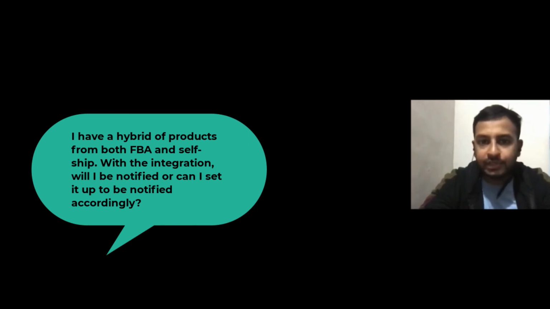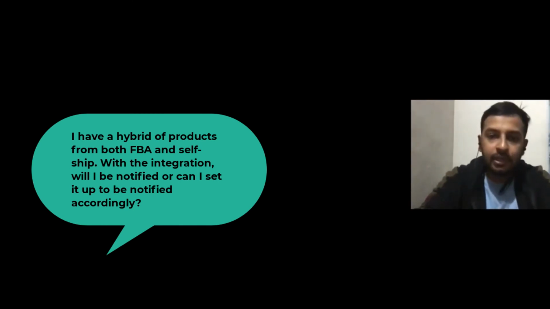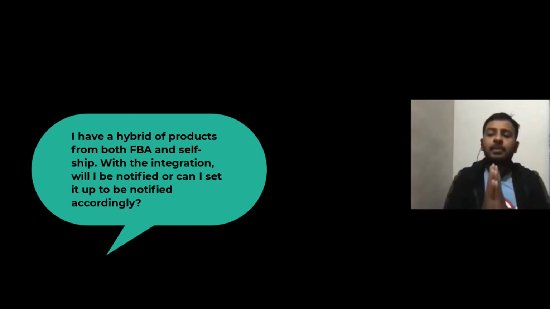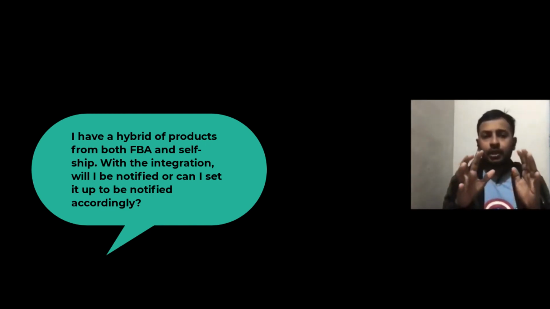Of course. So self-ship, I believe you're referring to not the FBA, but the MFN. So merchant fulfilled network products, that is MFN products, can be brought in. So we just showed in the video how you can bring in both your FBA as well as an MFN listing. This will help you to bring in both of these different listings together.